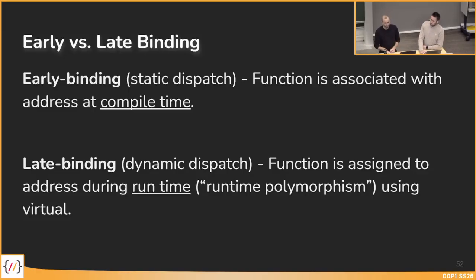Here at runtime, so really when the program is executed, it is decided which method is taken. So should I really take the method from the base class, or maybe there's a derived class and I call the method from the derived class? And here this is implemented using this virtual keyword.